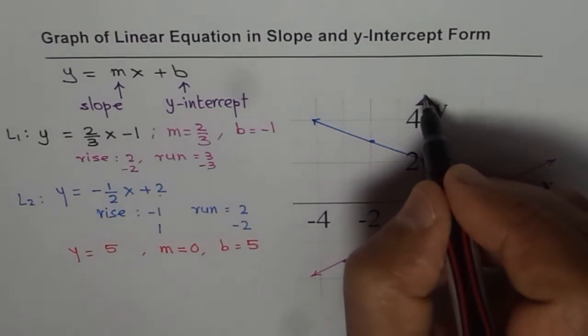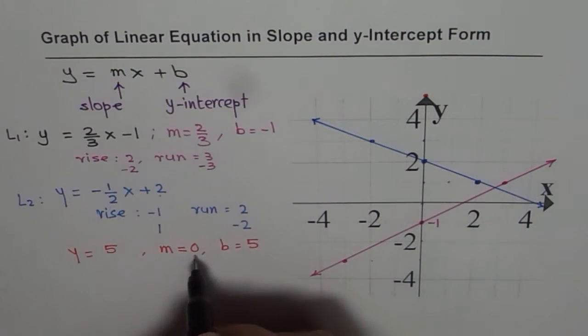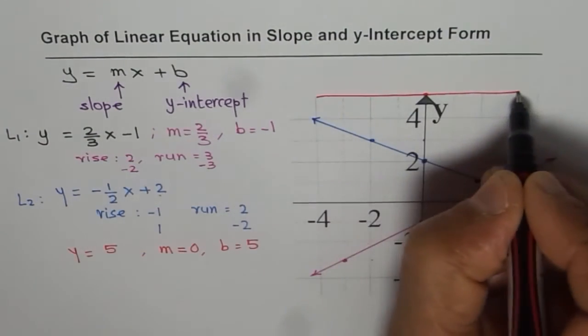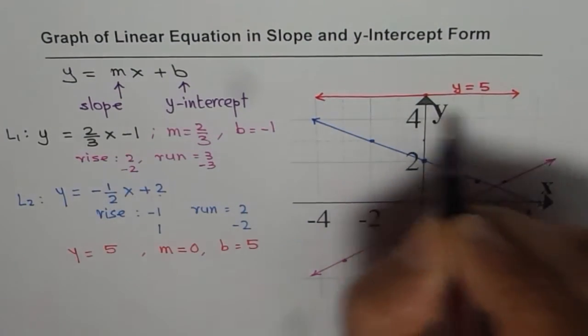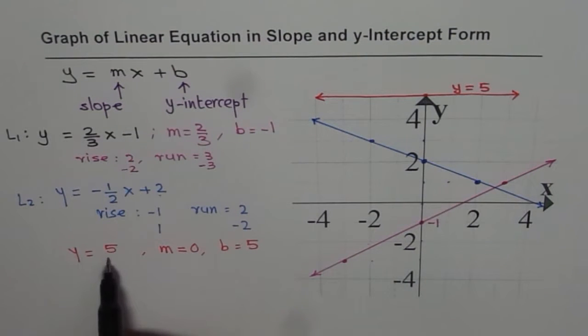So let's go to 5, which is here for us. Y equals 5. Slope of 0 means 0 rise, 0 run. So it's a horizontal line. So we can draw a horizontal line. The horizontal line, as shown here, represents y equals 5. Remember, m is 0 in such a case. Do you understand?